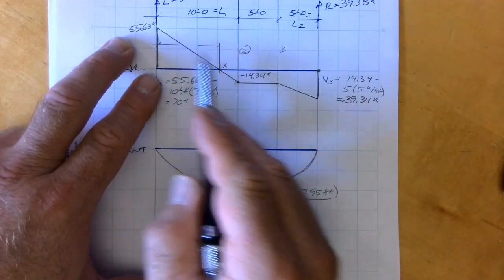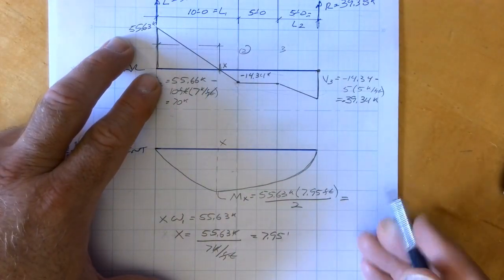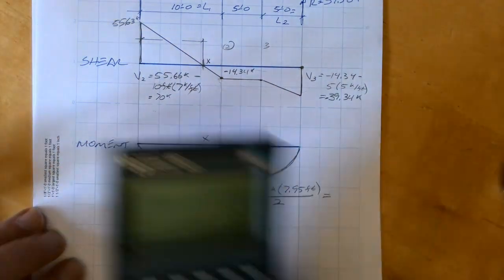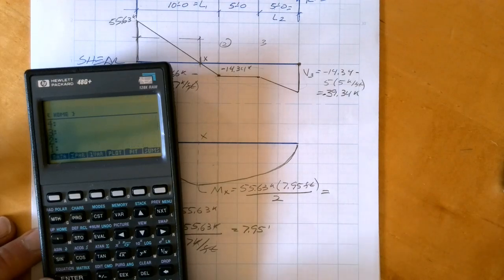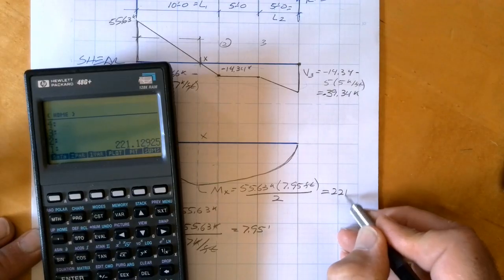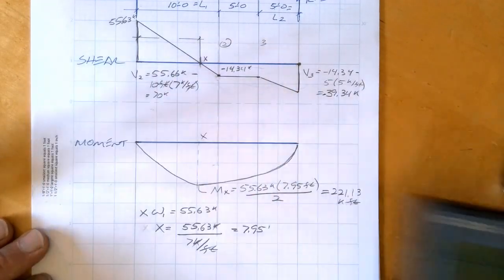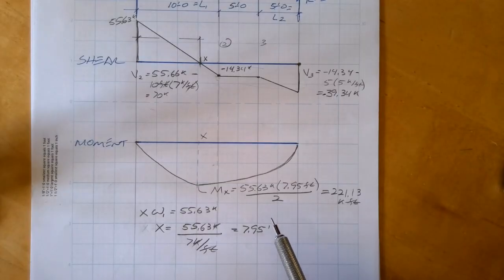But because I'm a triangle, I need to get rid of half of that, so I divide by 2. And that's my moment there at the middle. So I get 221.13 kip feet as the moment there.